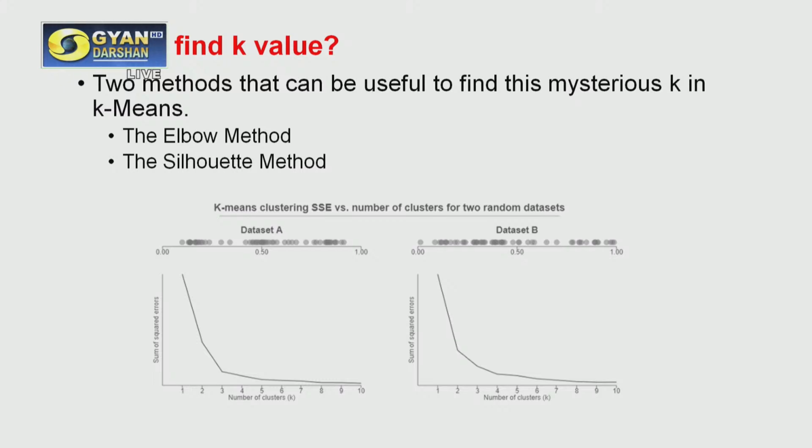People start with 2, 3, 4 and 5, but in the literature there are techniques like the elbow method or Silhouette method that people have really used to find the exact number of clusters. Based on this, one can see how the value of k can be defined.